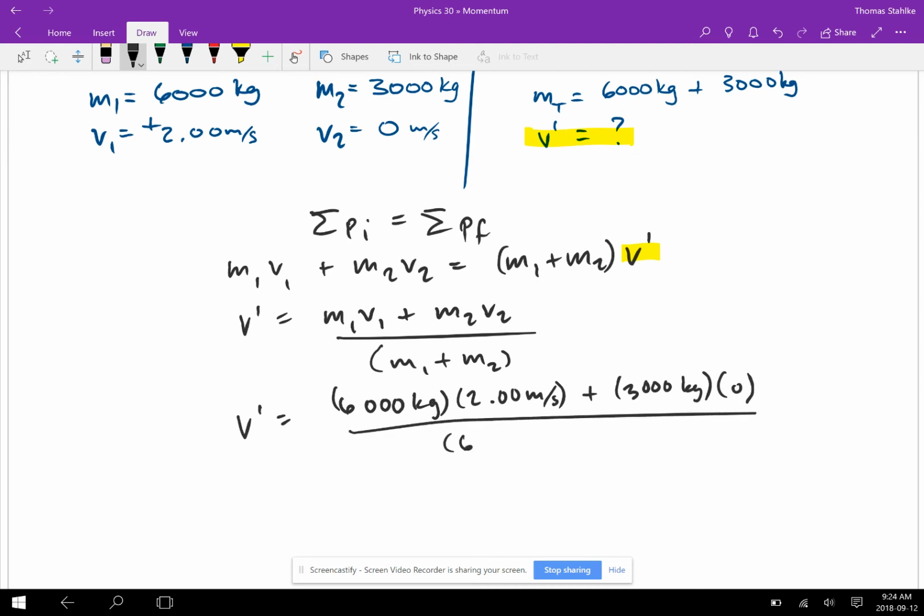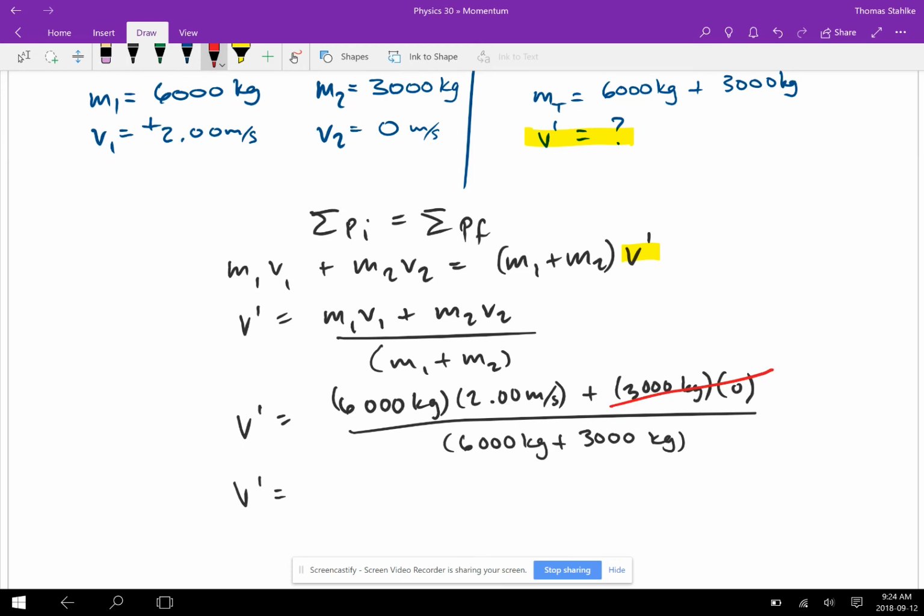And then we'll just add these two masses together and calculate the final velocity. So I find it works really well to separate this into mass times velocity because we have to find the momentum anyways. So let's go 6,000 times 2, and this is 0.